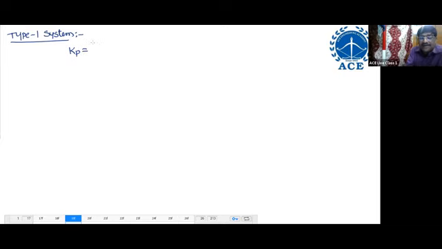Type 1 means what is G of S? G of S is K into (1 plus S tau 1)(1 plus S tau 2), and so on, divided by S power 1 into (1 plus S tau A)(1 plus S tau B), and so on.